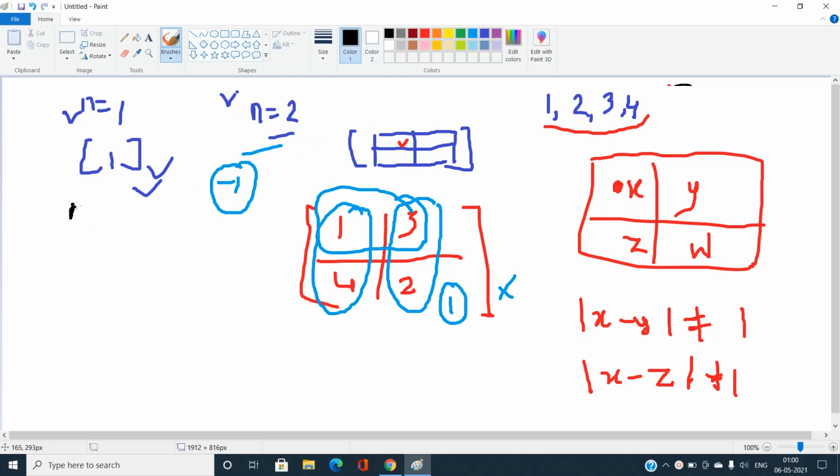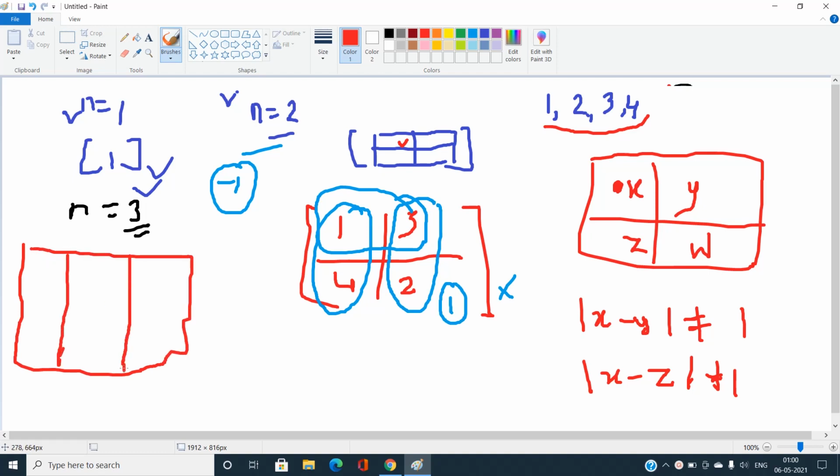Now let's talk about n equal to 3 and greater n. I'm going to claim that my answer will always exist. You can easily see this if I try to build a 3 into 3 square matrix. Let us try to label these cells as even and odd.